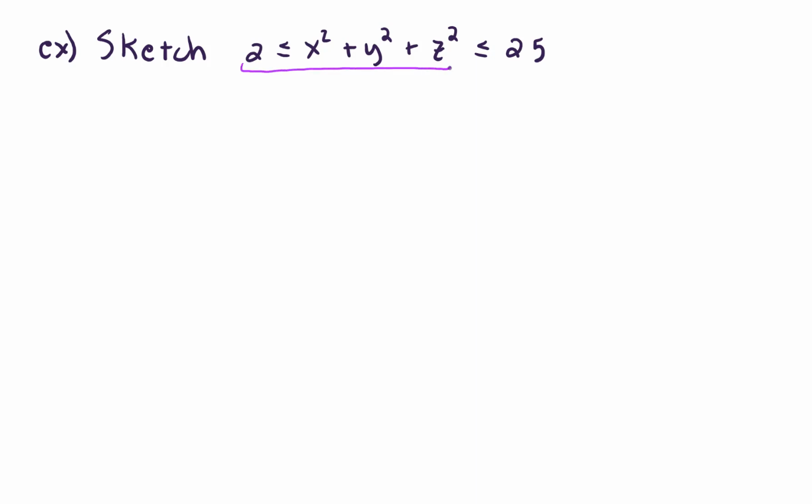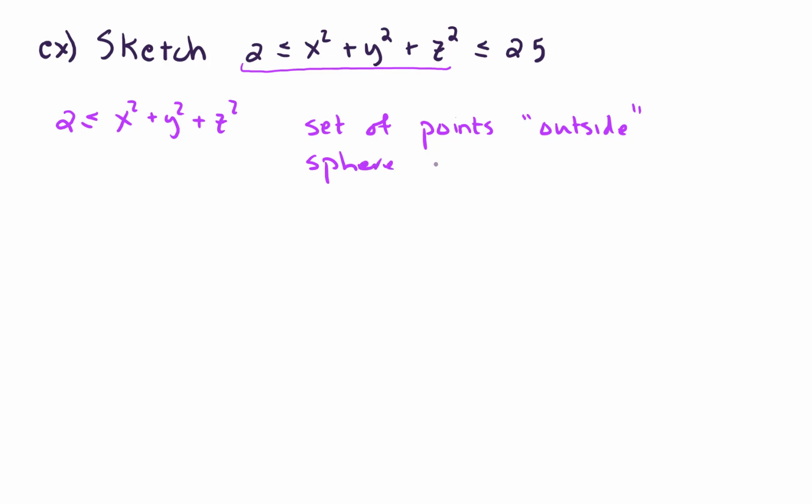First of all, if we were to look at the set of points which satisfies 2 is less than or equal to x squared plus y squared plus z squared, this describes the set of points outside the sphere centered at the origin with radius equal to root 2.